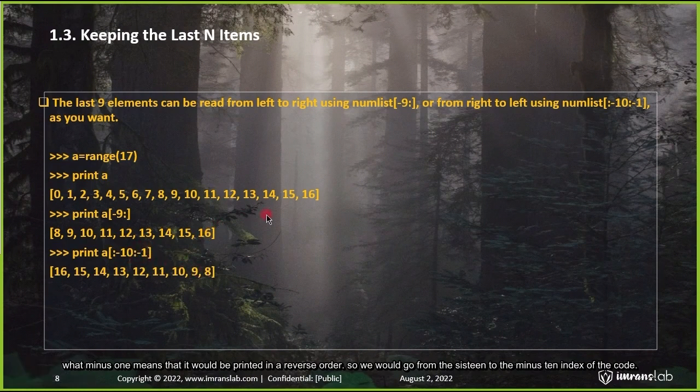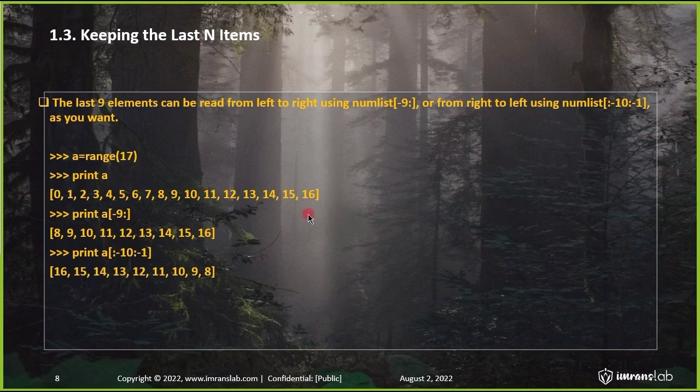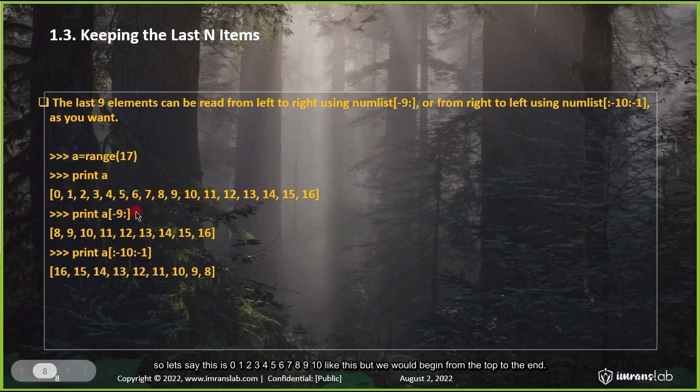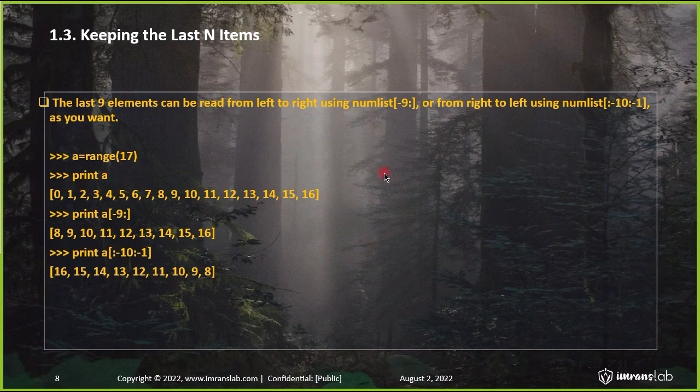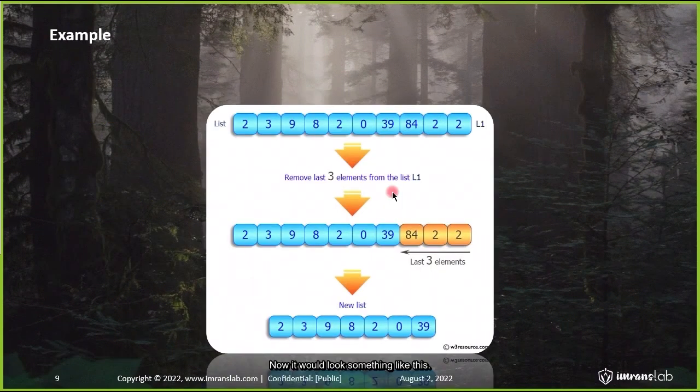So we would go from 16 to the -10th index of the array. So let's say this is 0, 1, 2, 3, 4, 5, 6, 7, 8, 9, 10. Like this, but we would begin from the top to the end. Now, it would look something like this.